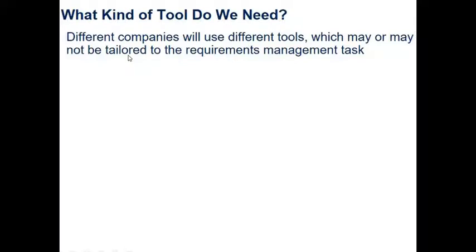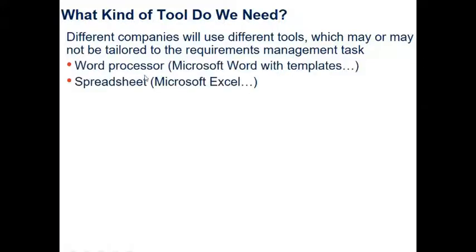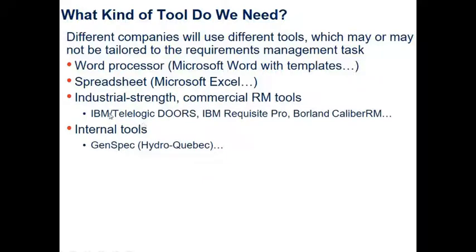Let's have a closer look. What kind of tool do we need? Different companies will use different tools which may or may not be tailored to the requirements management task. You can have a word processor like Microsoft Word with templates, or you can have a spreadsheet like Microsoft Excel. Again, you can have a template. You can have industrial strength or commercial requirements management tools.